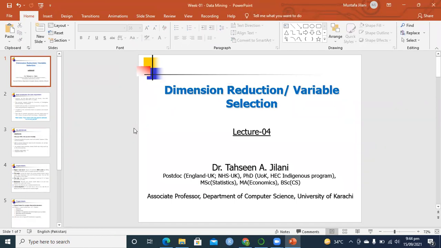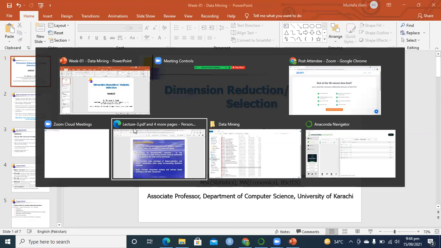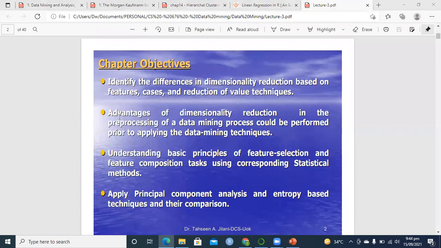This is our lecture, and the lecture I have already prepared is here. The objective of this chapter is to identify differences, because there are different ways of doing feature selection and dimension reduction. Sometimes you have a data set with a large number of rows, a large number of instances or records.